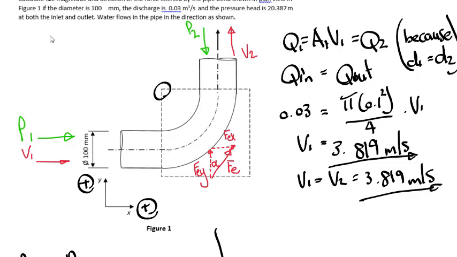Similarly, in the y direction, pressure at point 2 produces a force in the negative y direction only, so the positive y component is 0. So it's simply saying we have a pressure in a y direction, a pressure in an x direction, and so on.